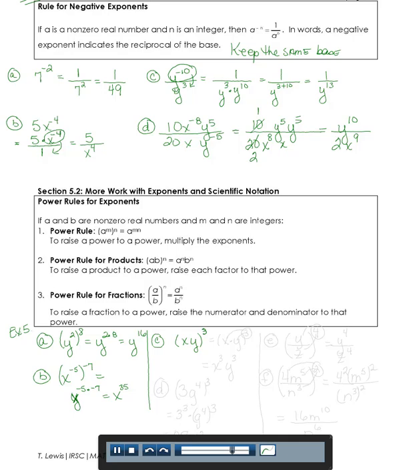Product means multiplication, x times y, being raised to a power. We're going to take this exponent of 3 and distribute it to each factor as an exponent to that power. You're saying x cubed times y cubed. Okay?